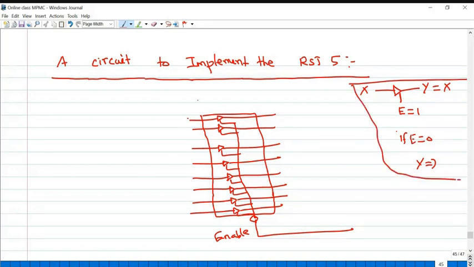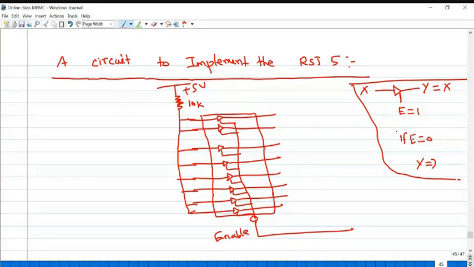So these tri-state buffers are connected to plus 5 volt through a resistor. Right?